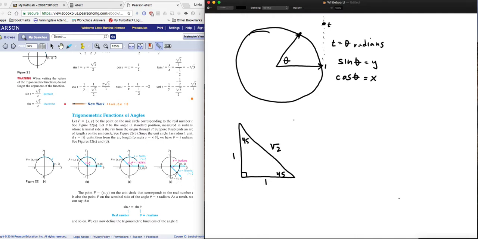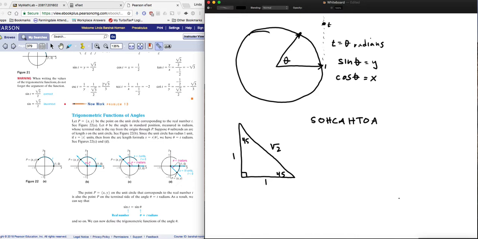All right, so let's see. Does anybody actually remember the rules for sine, cosine, and opposite sides and adjacent sides? And I'm waiting to hear half the class yell SOHCAHTOA, right?